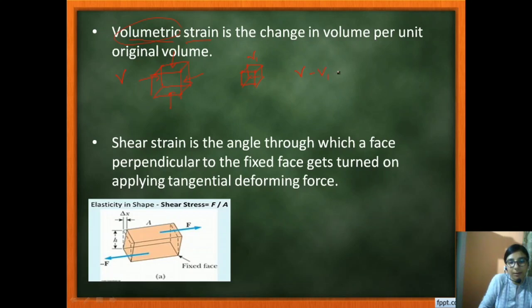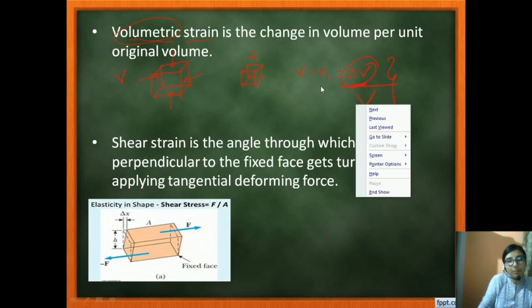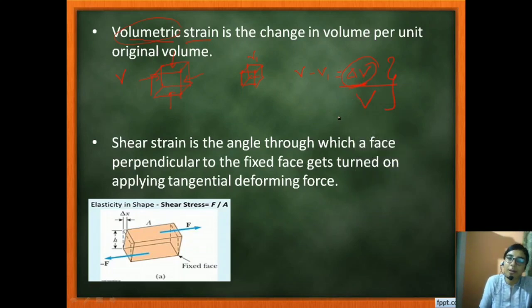That is V minus V1, which we write as delta V. Delta V is the change in volume, and strain is what? The change in dimension by original dimension. Here the change is delta V and the original dimension is V. This ratio, change in volume by original volume, is called volumetric strain.